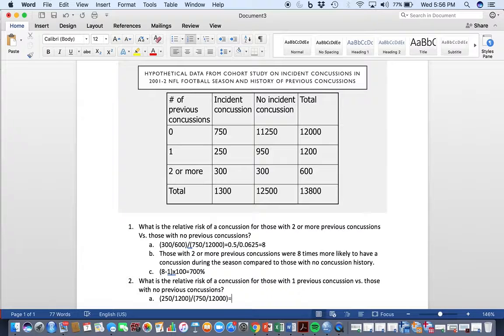Let me calculate that numerator out really quickly. It's going to be 0.208, and then we'll divide that by 0.0625. So it's going to give us a relative risk of 3.33.